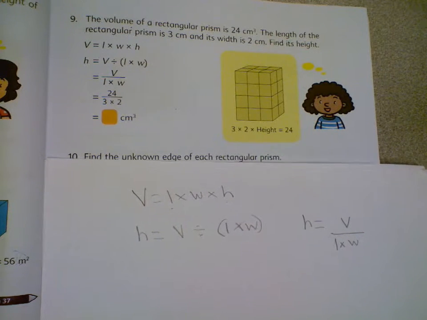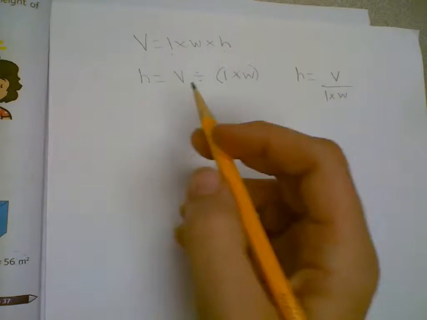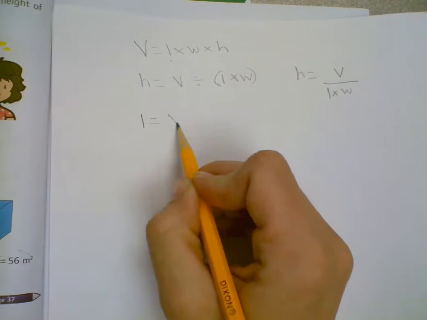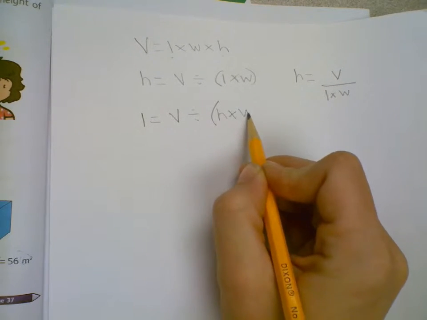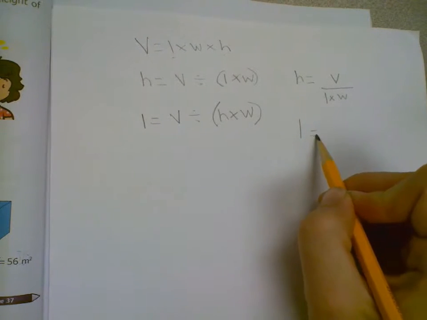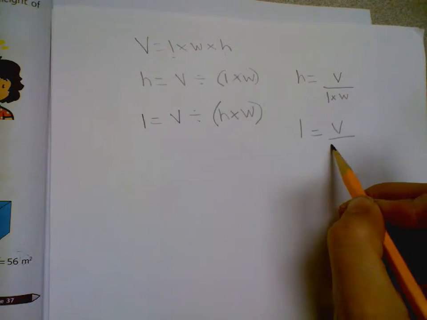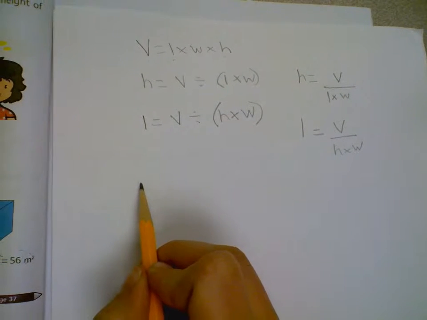The same is true for length and width when we're finding those. So length is going to equal volume divided by height times width. And that can also be written as a fraction.